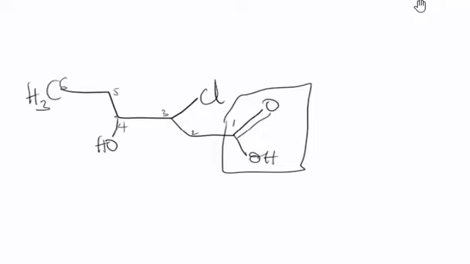So if I should have a structure like this, this is chlorine here, and this is a hydroxy here. So chlorine is at carbon 3, while the hydroxyl is at carbon 4. So I'll name this way: 3-chloro, 4-hydroxy.